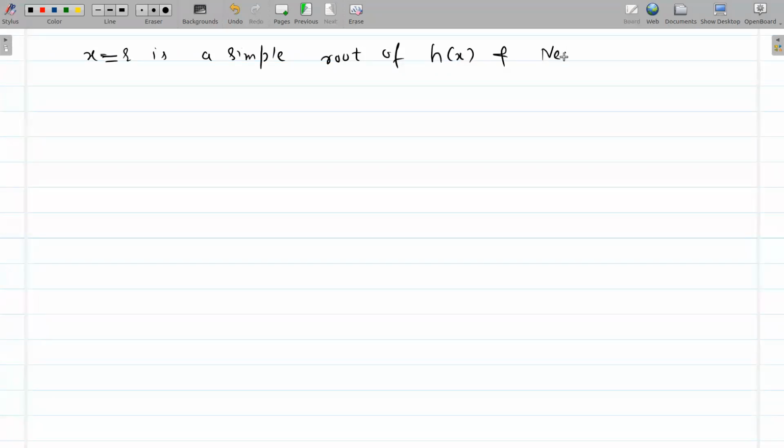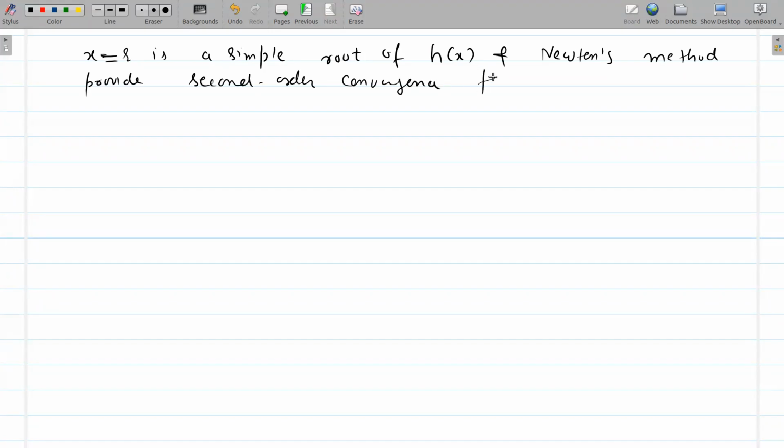Newton's method provides second order convergence for simple roots. Therefore, you need to apply Newton's method on h(x).